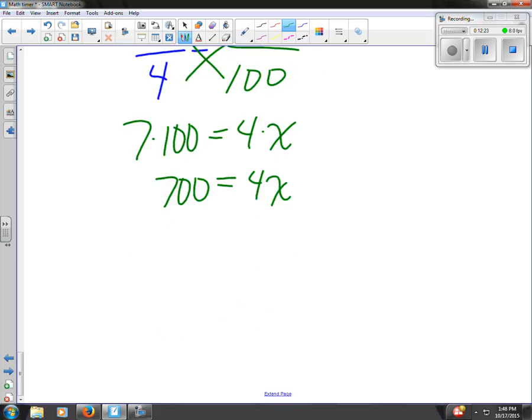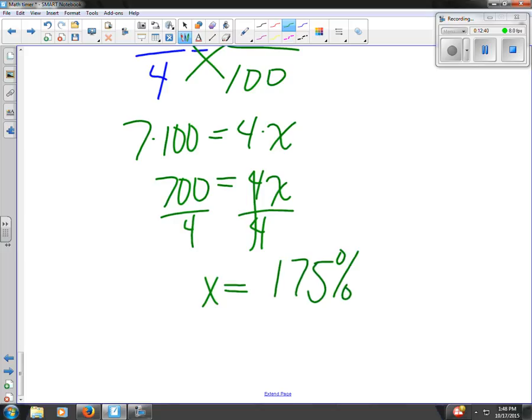Okay, we divide by 4, and I get x to equal what? 175%. Ta-da! That's all there is to it.